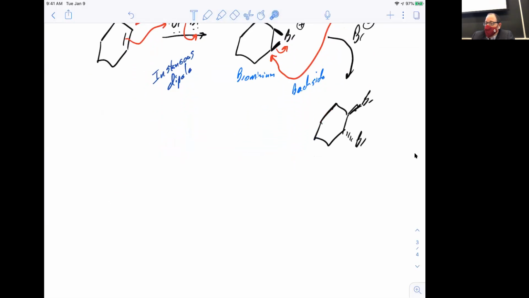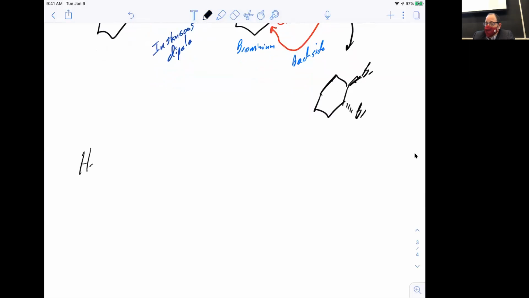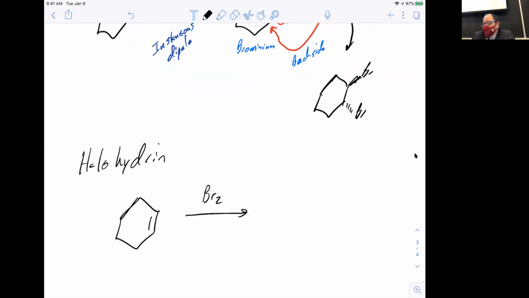Now we can have some possible changes to this, and that is halohydrin formation. At first glance, the halohydrin conditions seem very similar, except for the solvent.